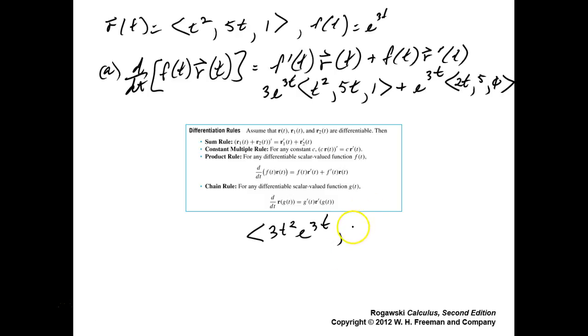Next, 15t e to the 3t, comma, 3e to the 3t, plus, that was 2t e to the 3t.